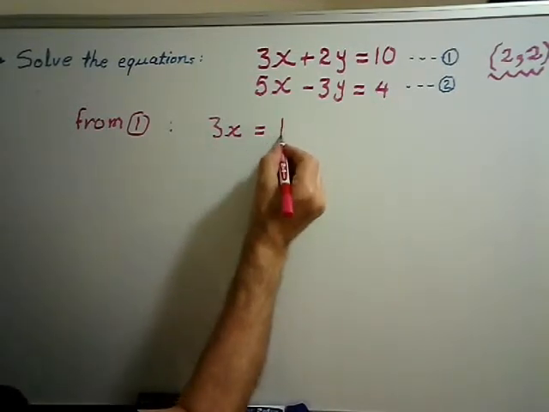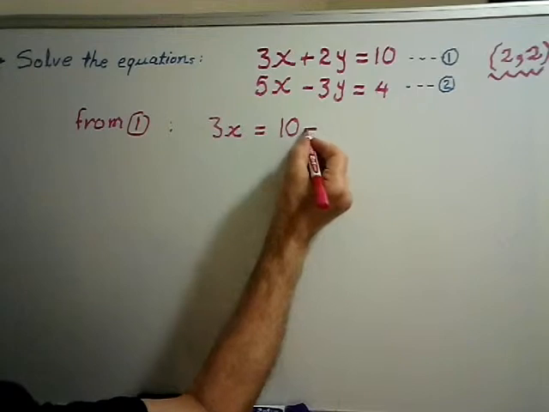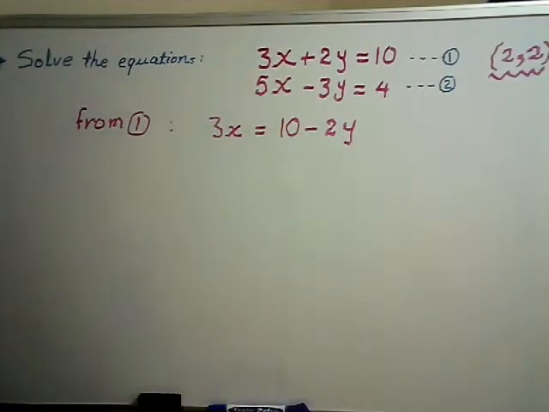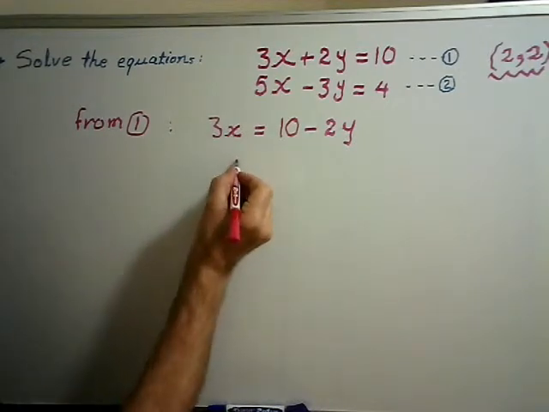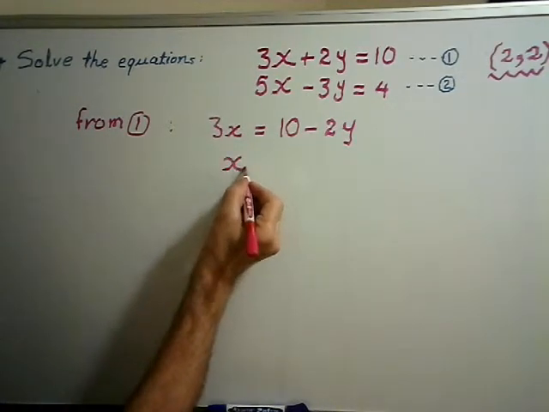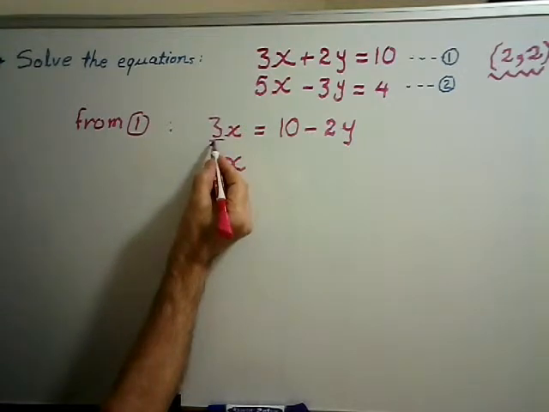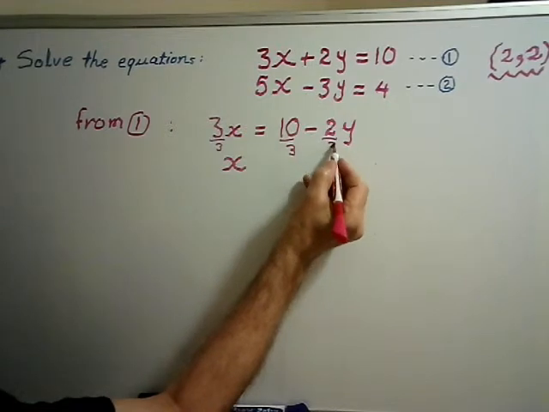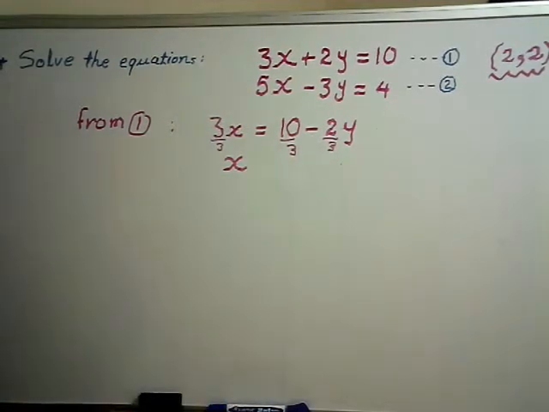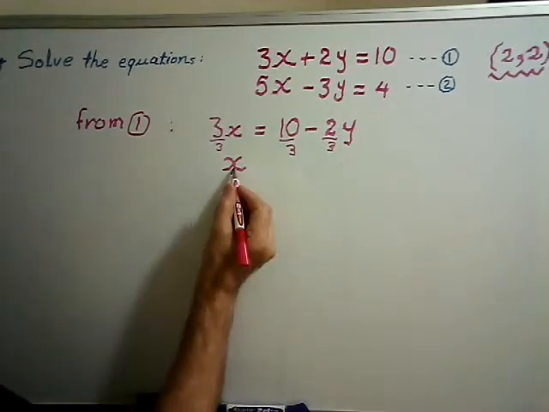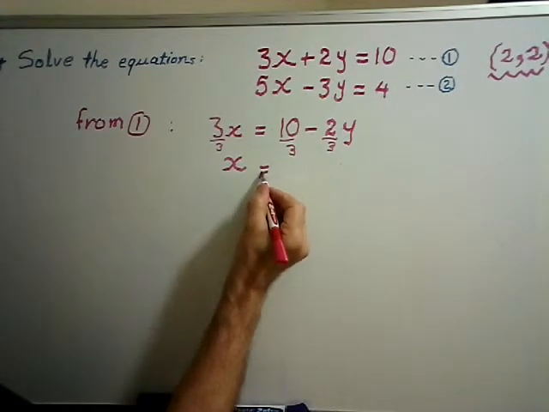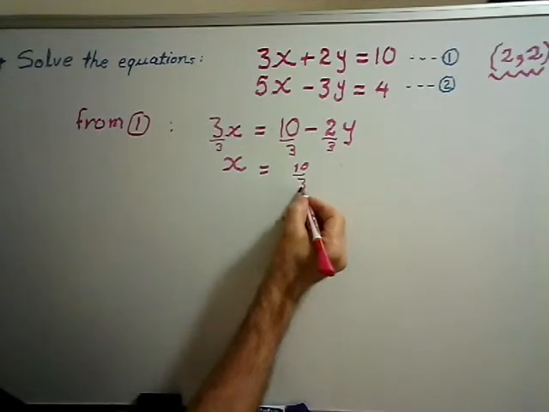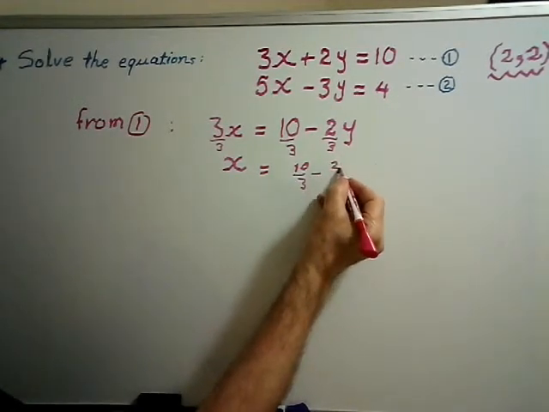So it will be 10 minus 2y. Then let us get x only here. That means we have to divide by 3 every term in the equation. By dividing by 3, we got x here: 10 over 3 minus 2 over 3y.